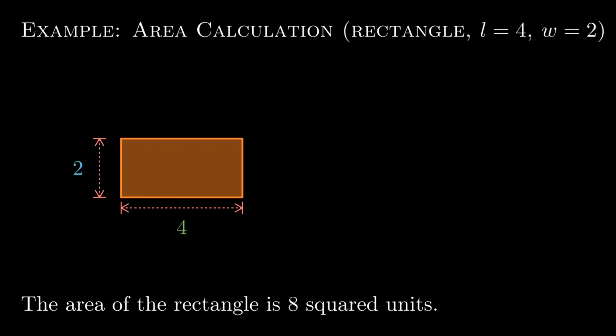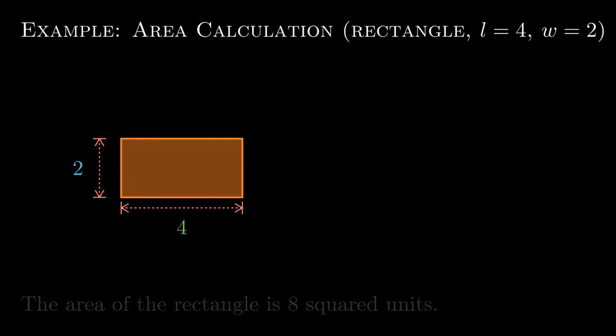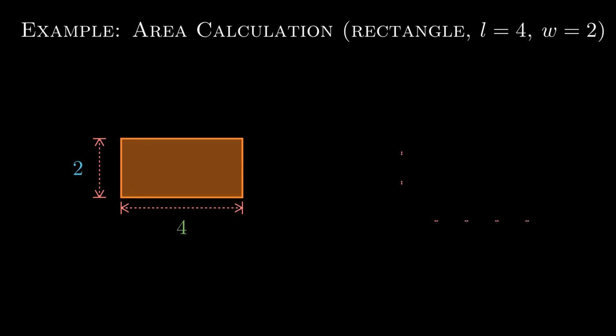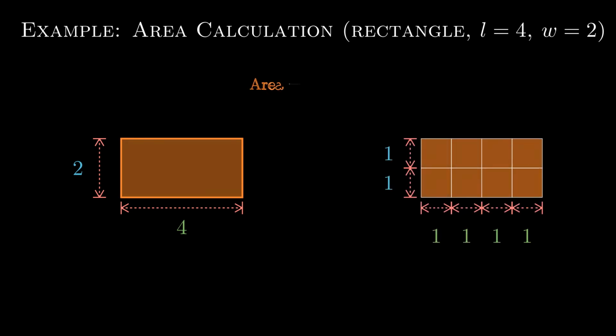Then you can fit 4 of these horizontally and 2 vertically. As you can see in this figure, you have 8 squares. So we write 4 times 2 equals 8, so 8 squares of area 1.